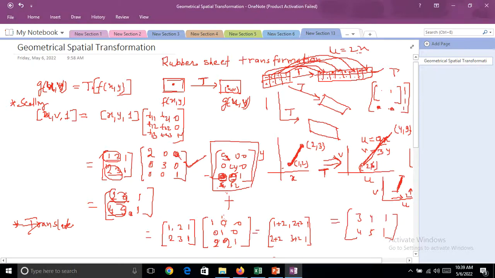So this third pixel value we shall fill with either the second pixel value or the fourth pixel value, or the average of both. So whenever additional pixel coordinates are created, the pixel value will be filled by the nearest pixel value in the original image.